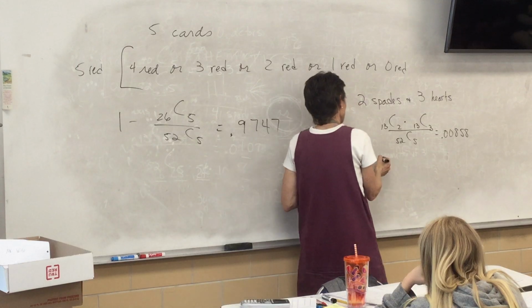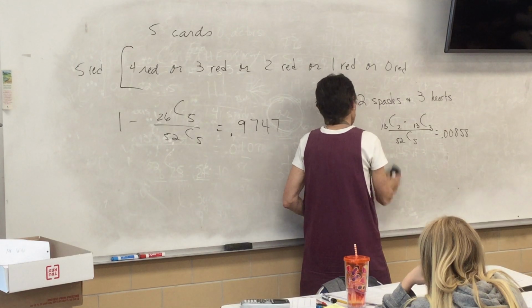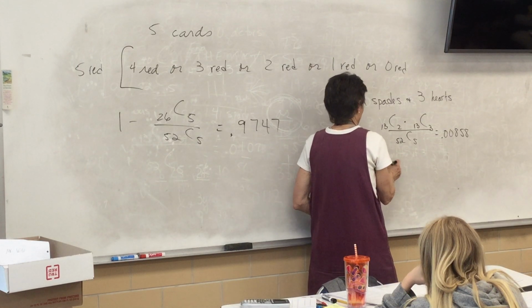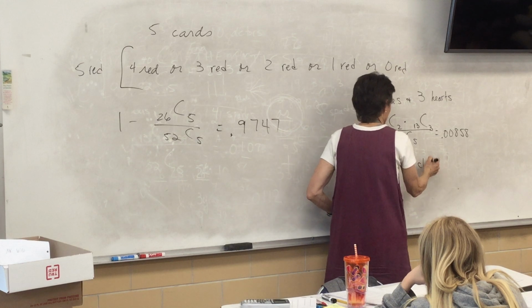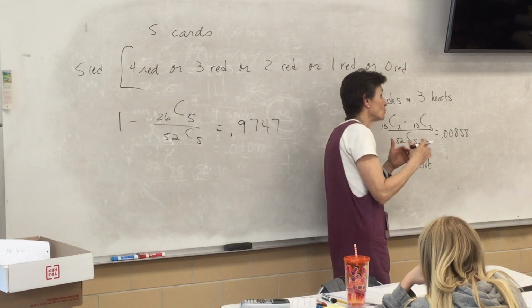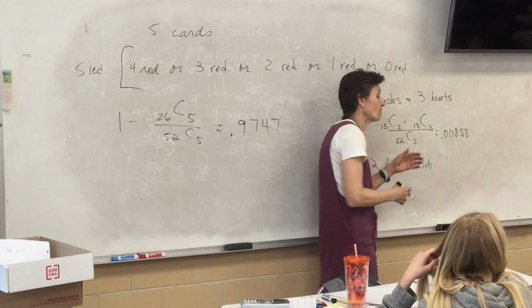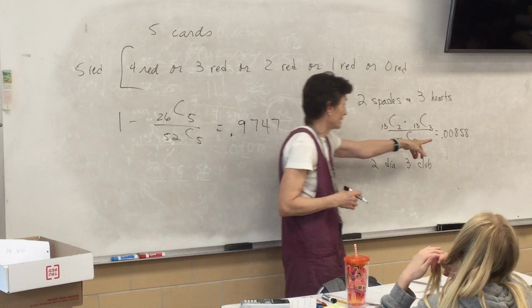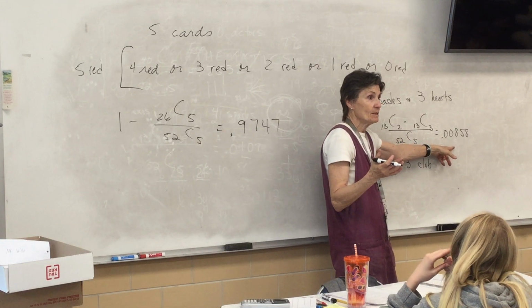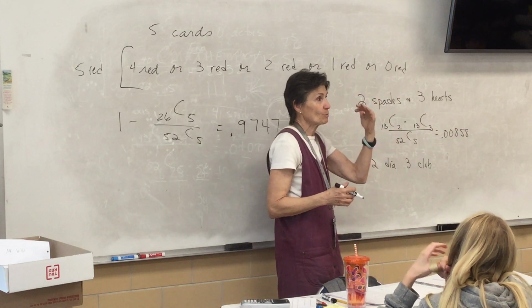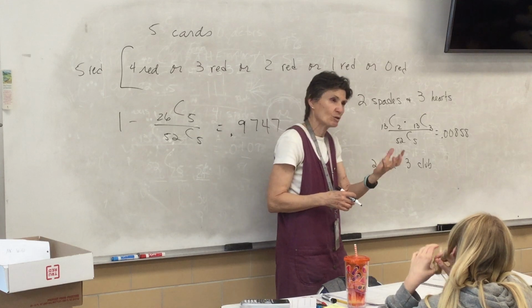What if we did 2 diamonds and 3 clubs? Wouldn't it be the same? So all of our suit arrangements here are gonna be the same probability. Would everybody agree with that? So Donovan suggested we times by 3, but I think there's more than 3.